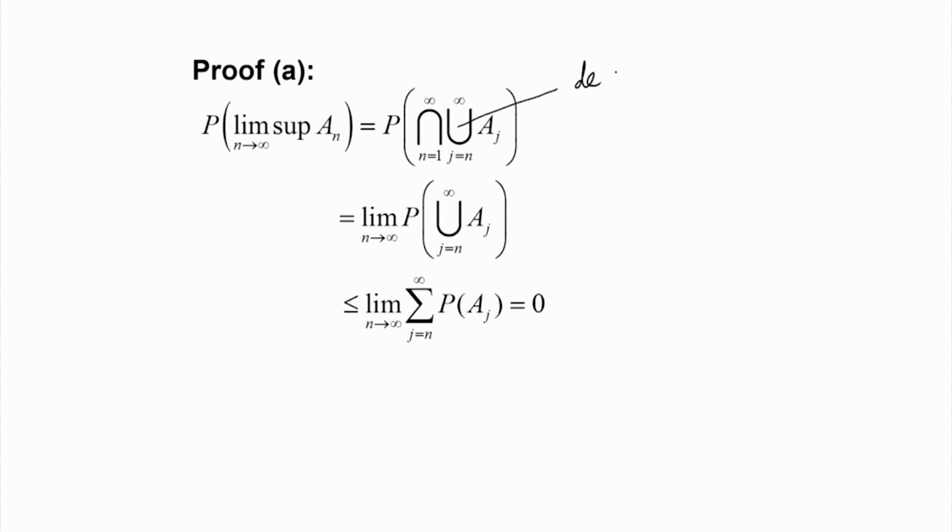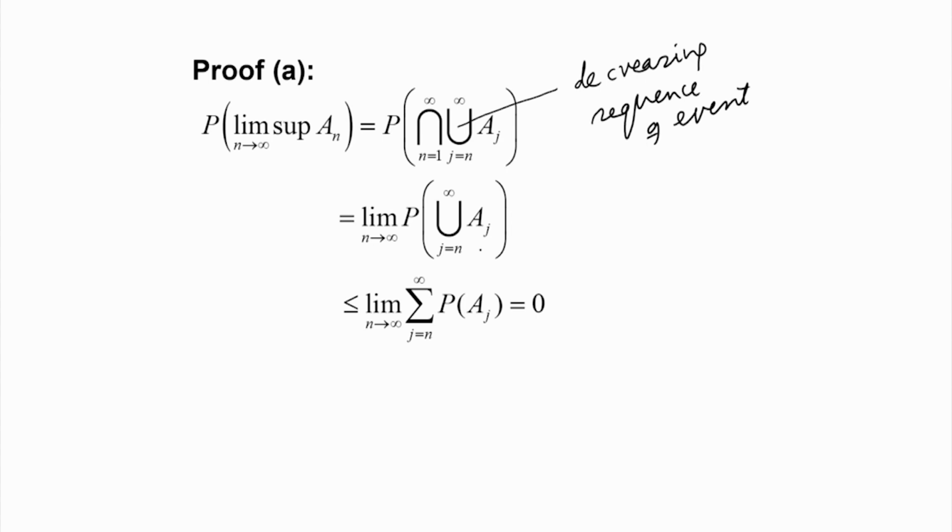So because of that, we can apply the continuity theorem. So this is the same as the limit of the probability of the union of A_j, j going from n to infinity, as n tends to infinity.